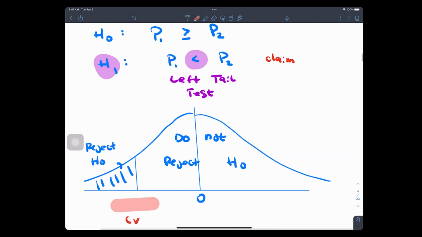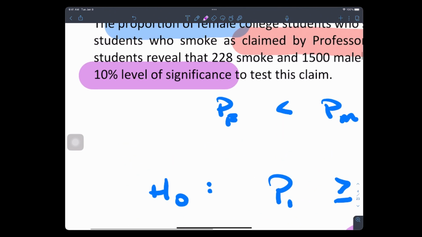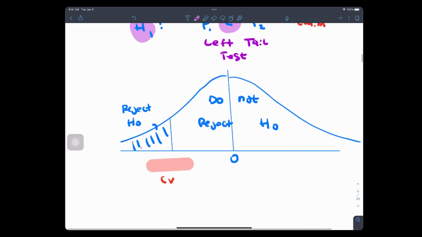How do you get it? You first need what? Well, no, we need this language. What's this language? The 10% level of significance. So what does that actually mean? That means 10% is in this tail.